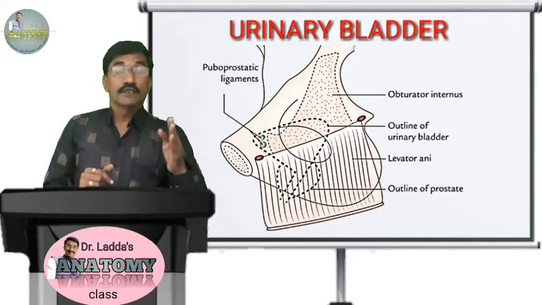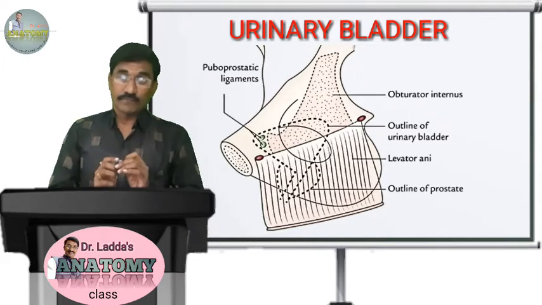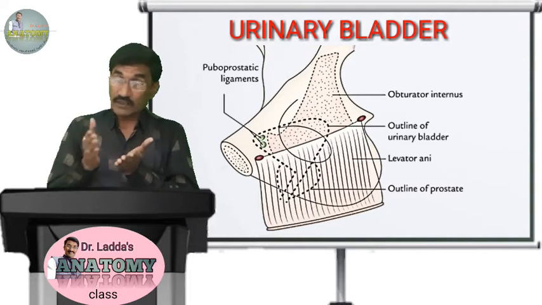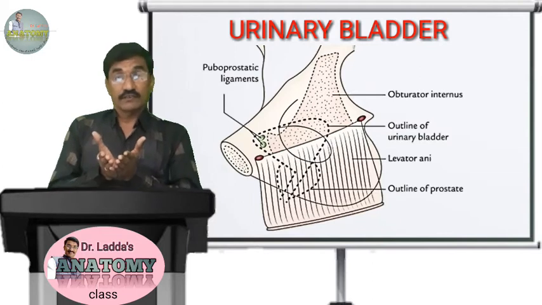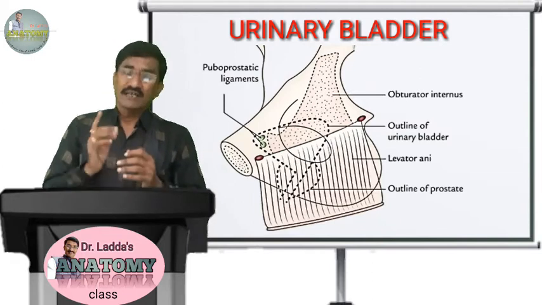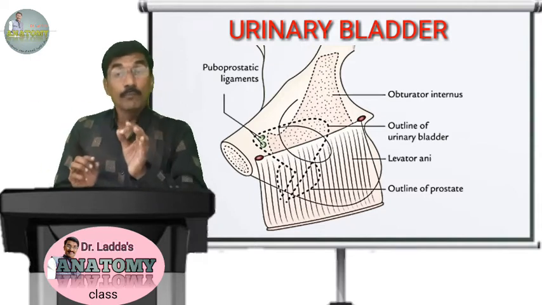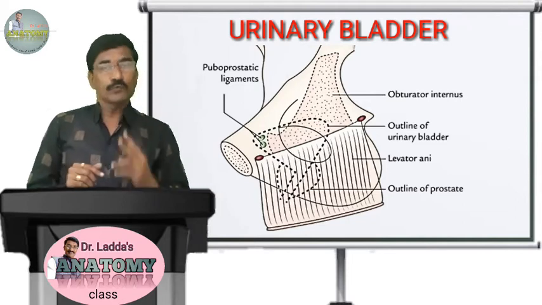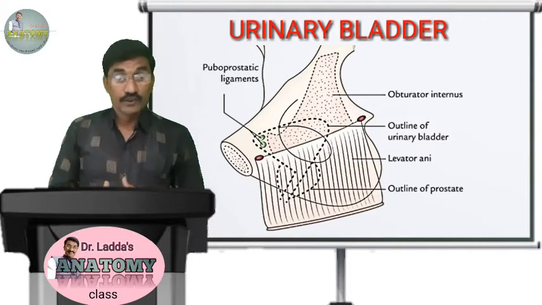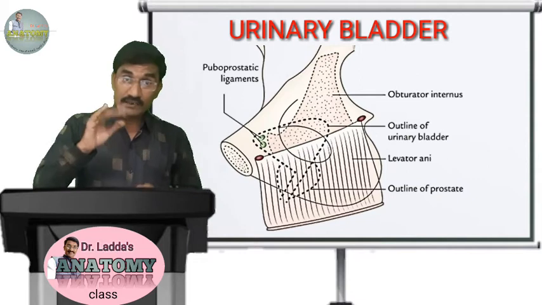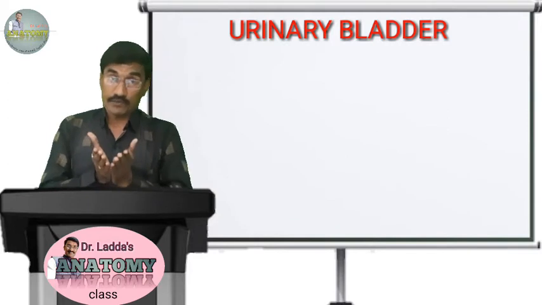In the same sense, the inferolateral surfaces of the bladder in female, because there are two surfaces, right inferolateral and left inferolateral, are related again with the pubis. Here instead of puboprostatic you are supposed to write pubovesical ligament, and the same two muscles, levator ani and obturator internus muscle. So these are the relations of the apex, neck, superior surface and inferolateral surface of the bladder.